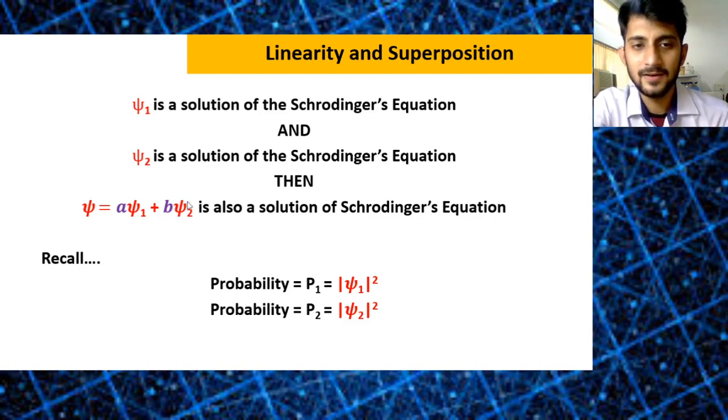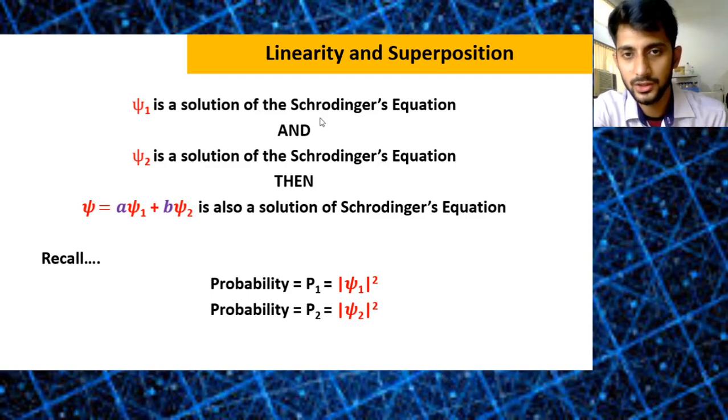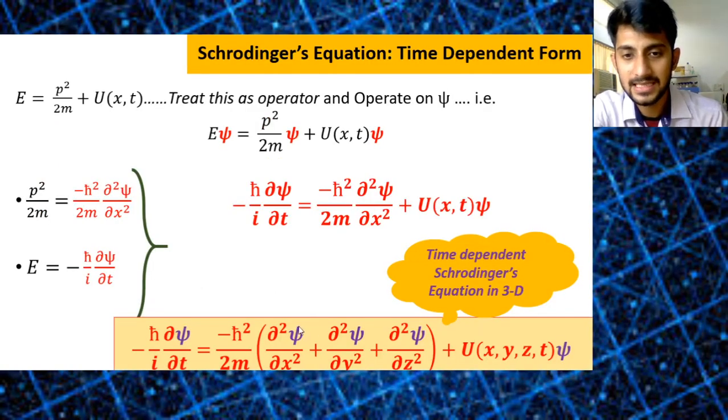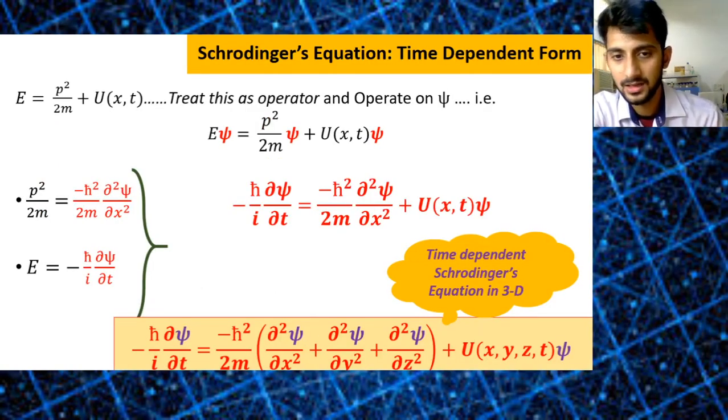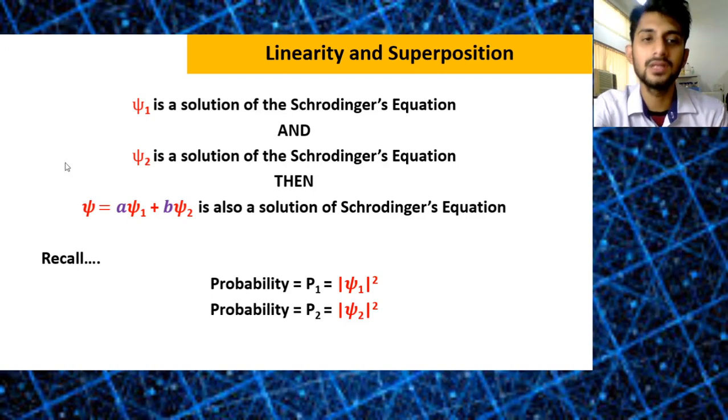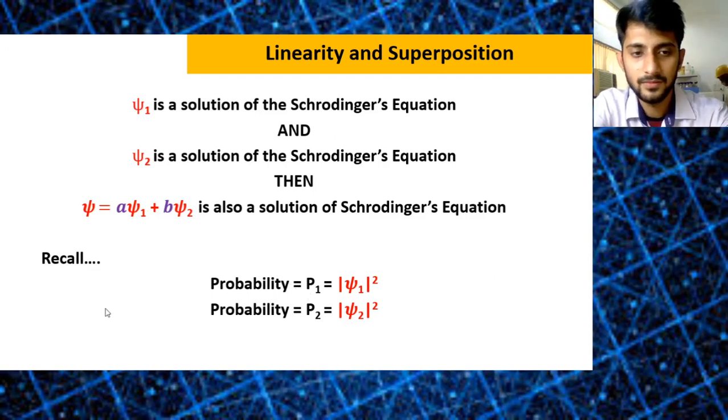So this is what follows from linearity: if psi1 was a solution, it means when you were solving Schrödinger's equation and you got a solution psi1 that fits, whatever the form of psi1 is, you get this equation correct. Similarly, psi2, another different type of function, is a solution of Schrödinger's equation, then a linear combination of these two will also be a solution. The probability, we will come to a bit later, don't worry about that.